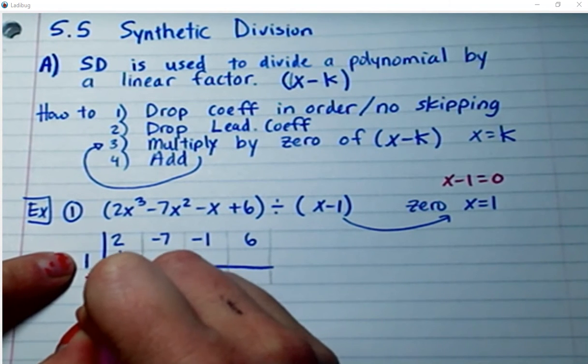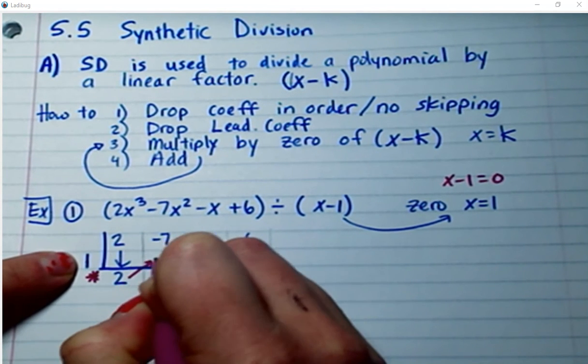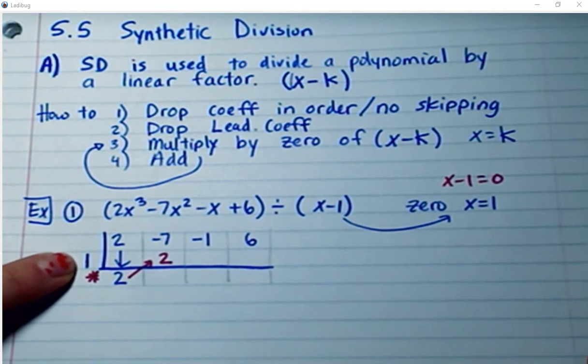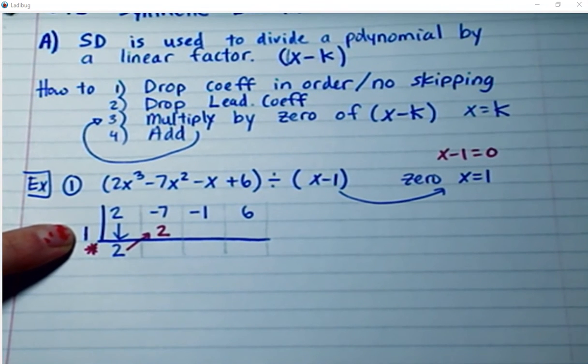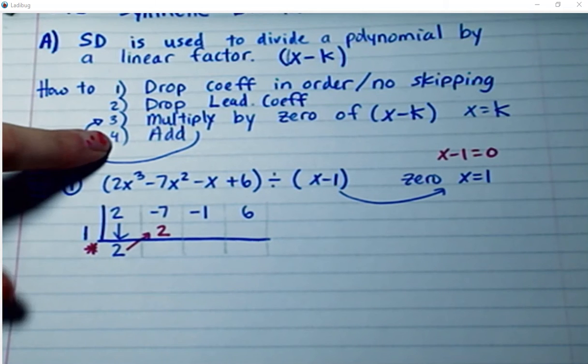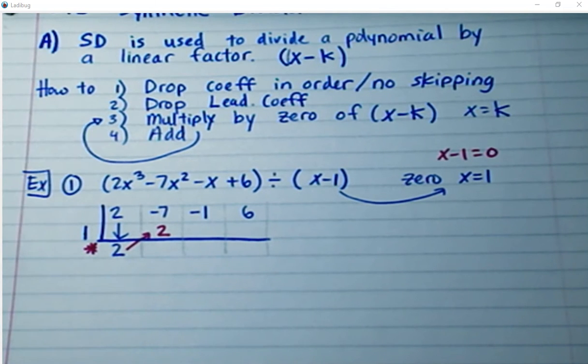Multiply. 1 times 2 is 2. Add straight down.